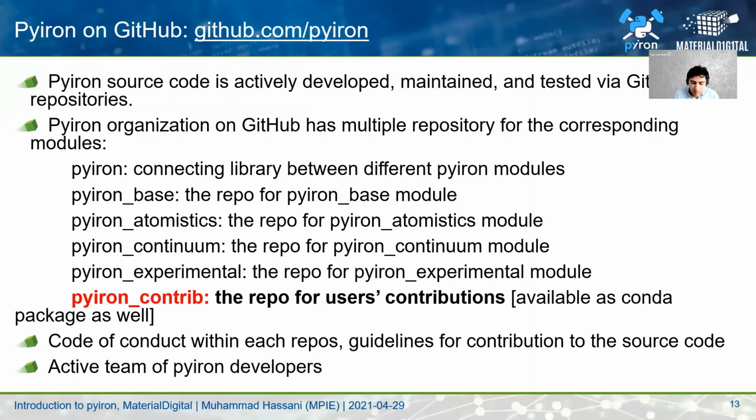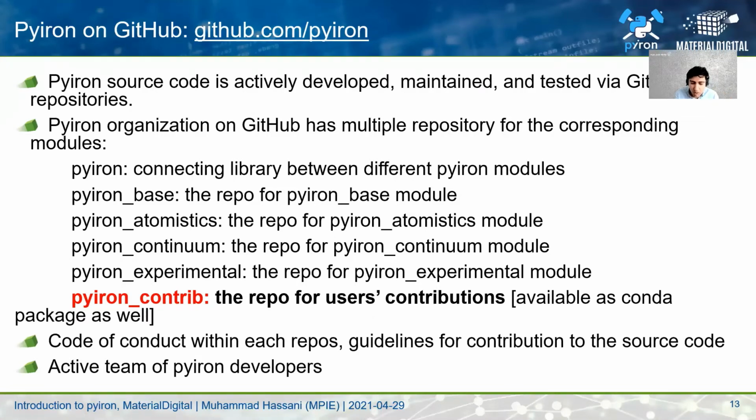The Pyiron GitHub organization includes multiple repositories according to the modules. We have Pyiron base, Pyiron Atomistic, Pyiron Continuum, and Pyiron Experimental repositories. More importantly, I want to mention Pyiron Contrib, the repository which is intended for users' contributions, which also has its own Conda package and can be installed alongside other Pyiron repositories and used in production.